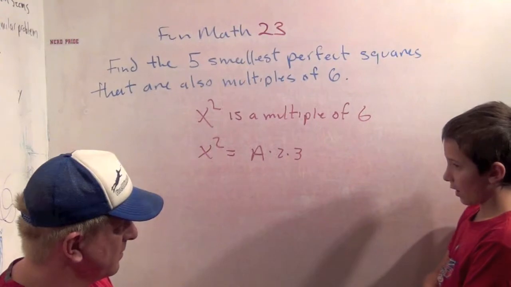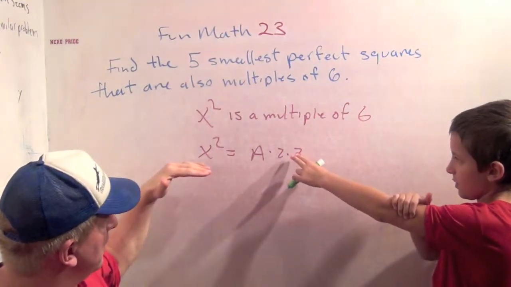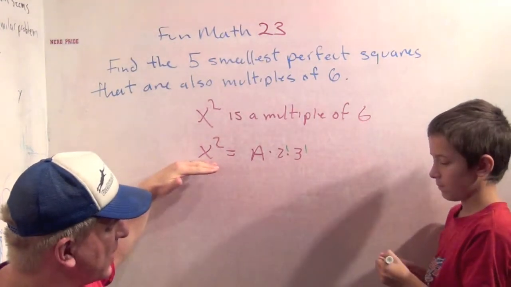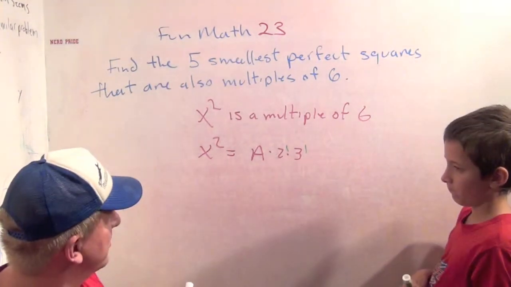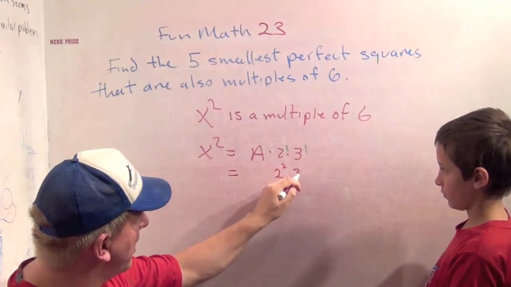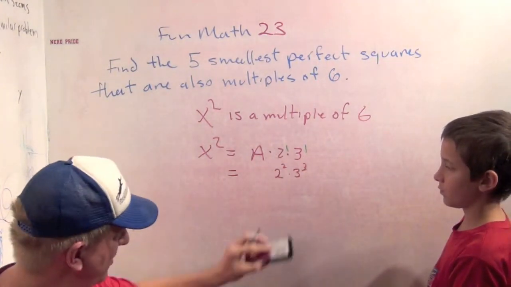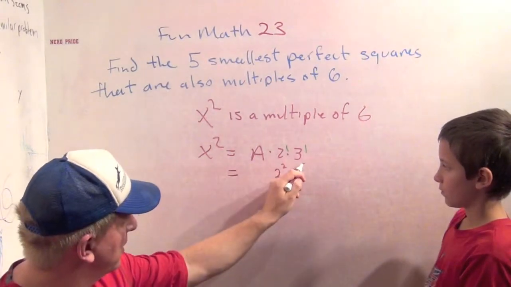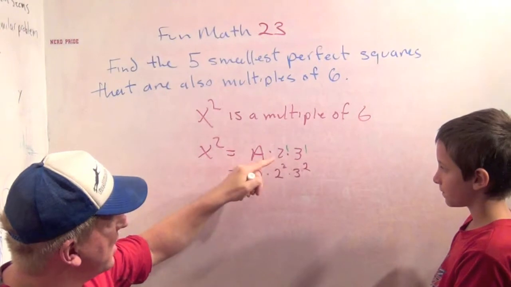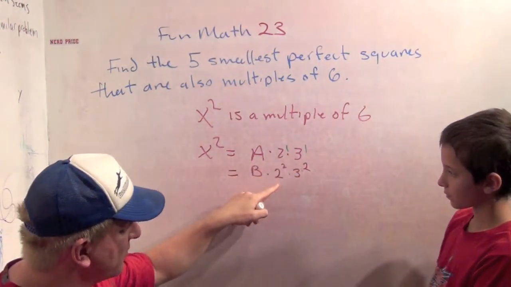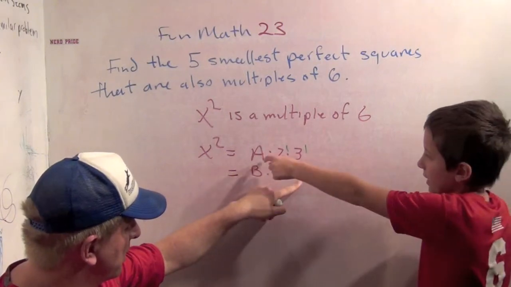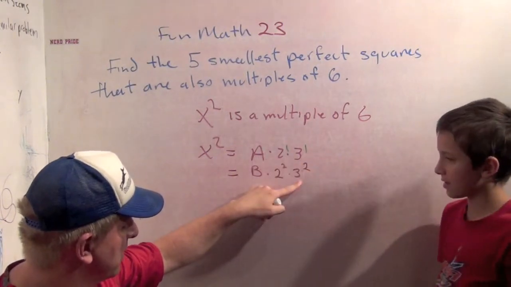When you factor a perfect square, you get even powers. So the power of 2 has to be even, and the power of 3 has to be even. So we can't just have one 2 and one 3. We have to have two 2s and two 3s.